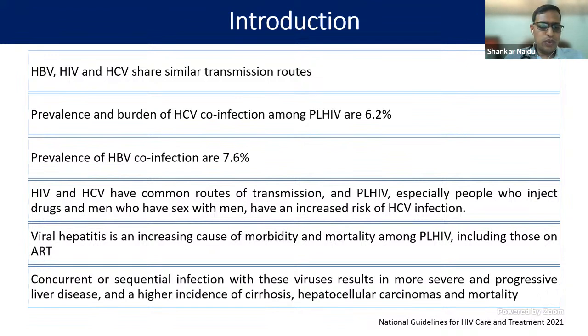And it is important to understand these co-infections because the viral hepatitis has been shown to be the increasing cause of morbidity and mortality among PL-HIV, including those patients who are already taking ART. And concurrent and sequential infection of these viruses will result in more severe and progressive liver disease with a higher incidence of all the complications of chronic liver disease like cirrhosis, hepatocellular carcinoma, and related mortality.